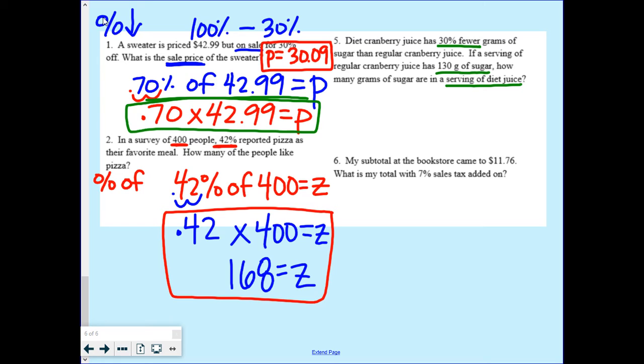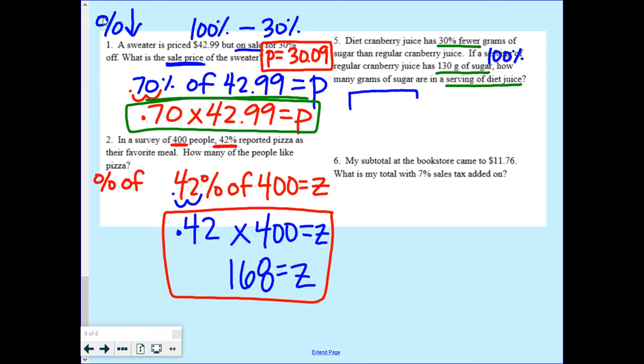Most students looked at this question and read it as though they were just finding how many fewer grams of sugar were in the diet juice. But upon rereading this, I see they want to know how much sugar altogether is in the diet juice. So I need to think of the 130 grams as my 100% of sugar. That's the regular amount of sugar.